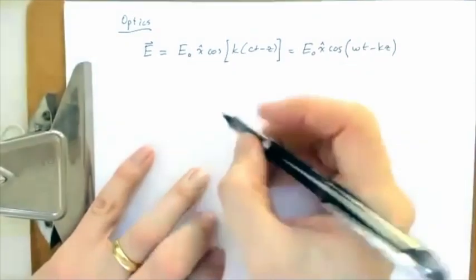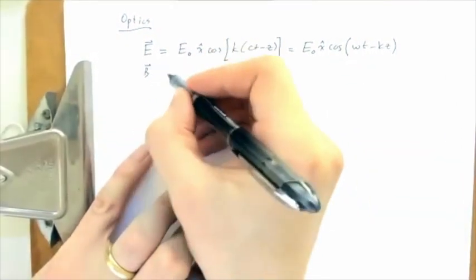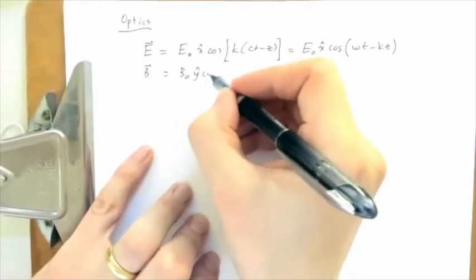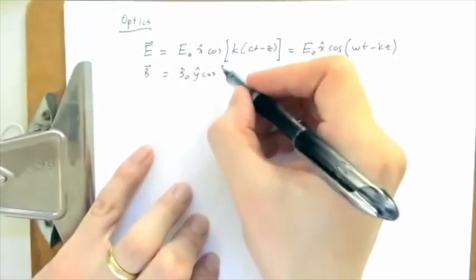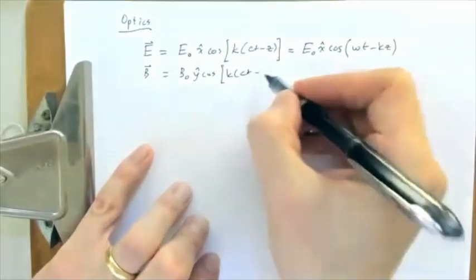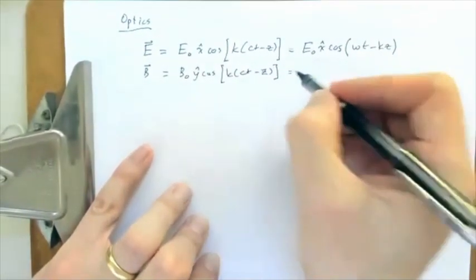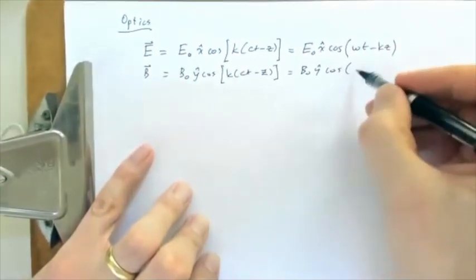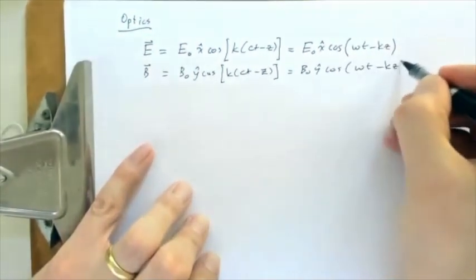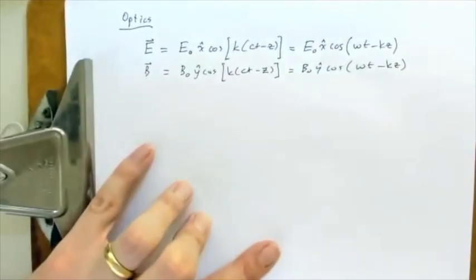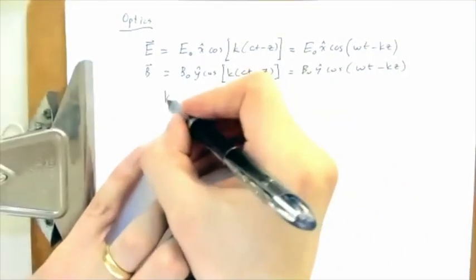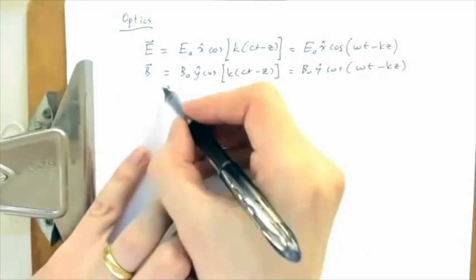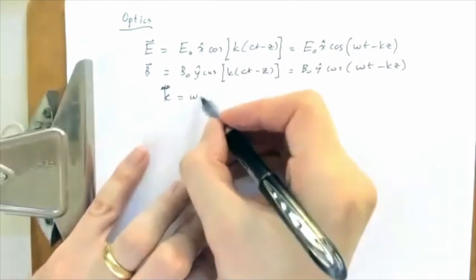And that's the electric field. And then we had the magnetic field. There was some B naught, in the y hat direction, again with k(ct minus z), so B naught y hat cosine of omega t minus kz. Now k is the wave number.